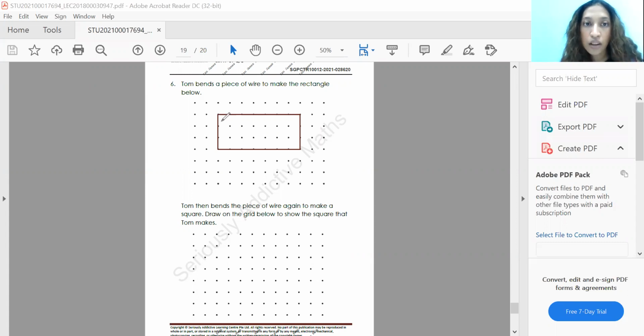Let us count the perimeter first. 1, 2, 3, 4, 5, 6, 7, 8, 9, 10, 11, 12, up to 20. 20, right?